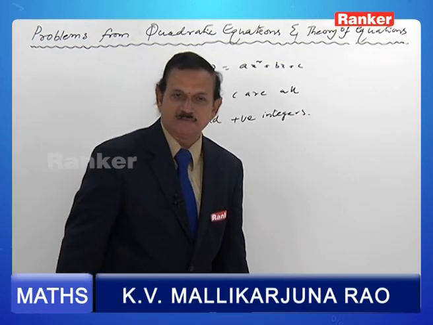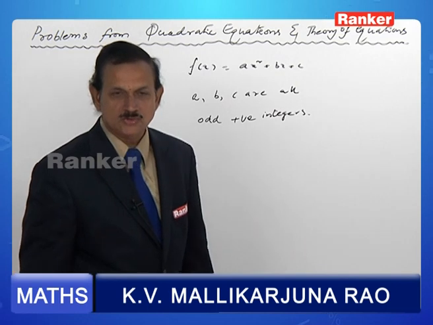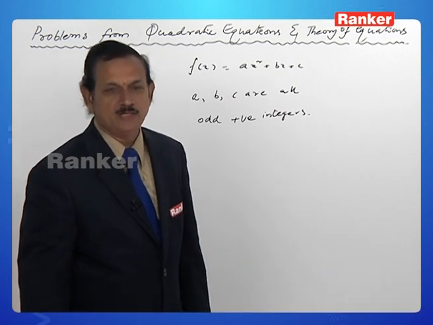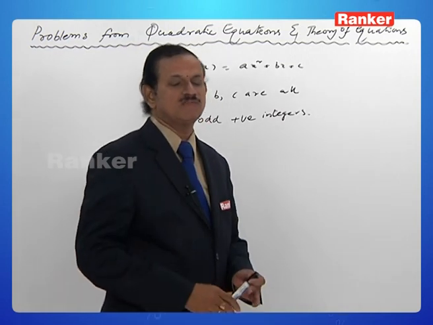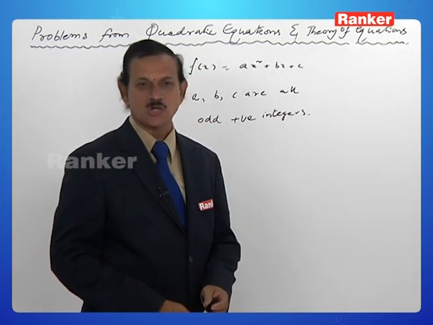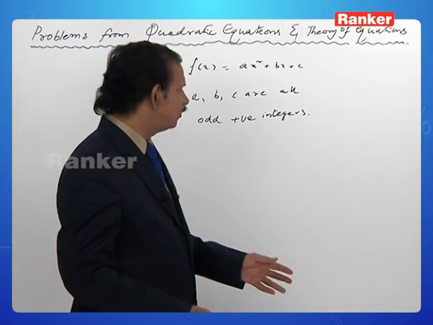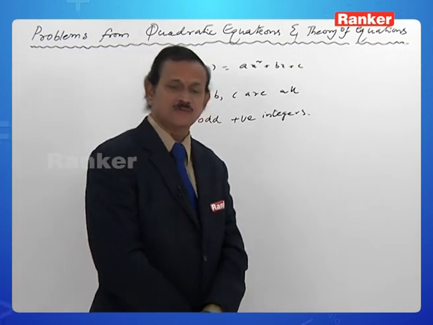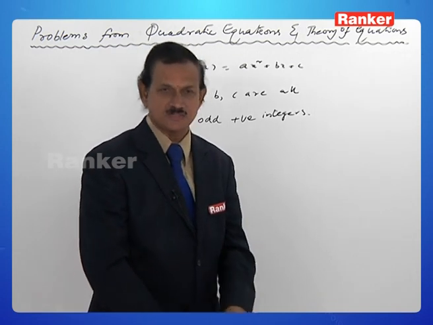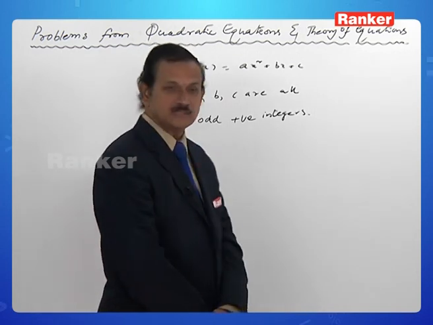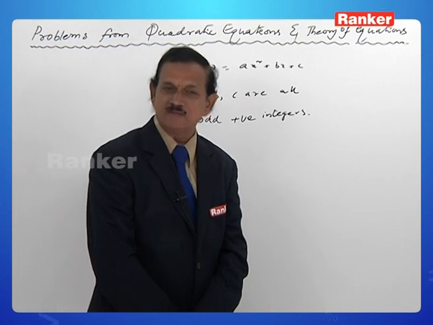Let us recall one of the famous results regarding the roots. If the coefficients a, b, c are all odd positive integers, then such an equation can never have rational roots. It can be proved also. If you take a is equal to some 2n plus 1, b is equal to some 2m plus 1 and c is equal to some 2k plus 1, and if you find the discriminant, it can never be a perfect square.